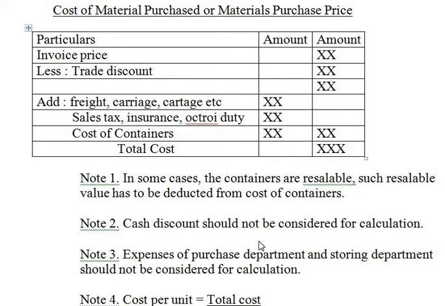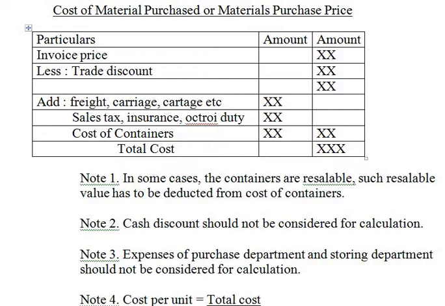Cash discount should not be considered for calculation because it will be given on the counter itself. Expenses of the purchase department and storing department should not be considered, because we are finding the total cost of the material.